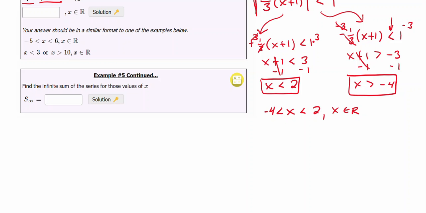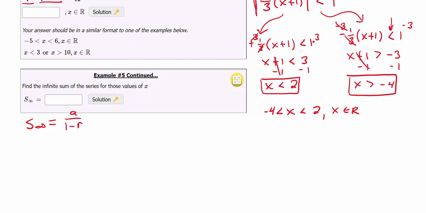All right, so just like in the last ones, now that we know, within these values of x, our series is going to be convergent, now we can actually just throw it into our equation. So we can say the equation for an infinite series was a over 1 minus r.